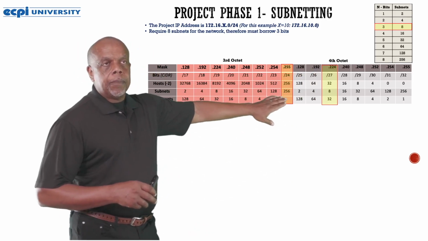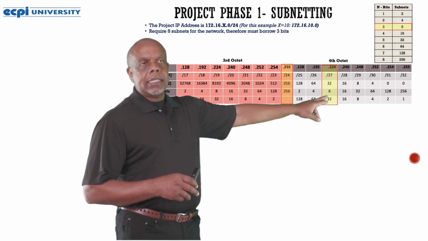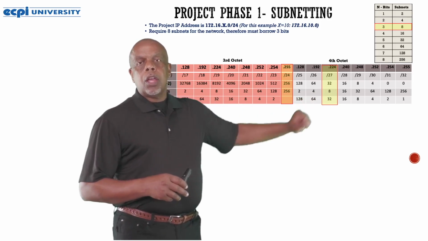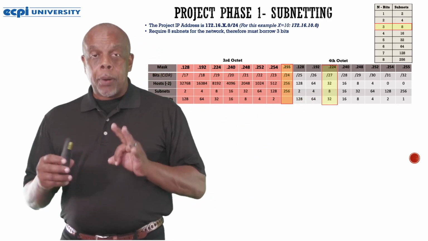How many subnets will that give me? 8 subnets. How many hosts? 32, but I can only assign 30 per subnet.